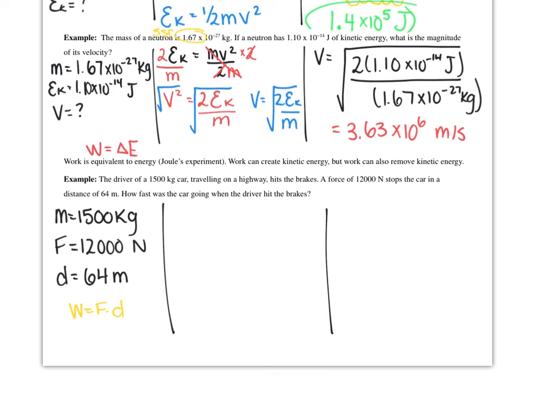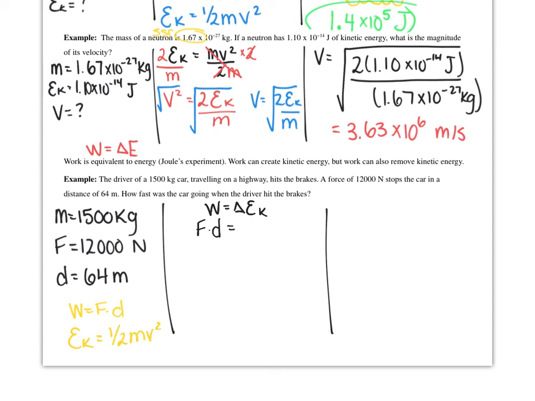Work is equal to energy. And specifically in this case, it was equal to the change in kinetic energy. We know that work was equal to force times distance, so I'm going to sub that formula in for work. So force times distance is equal to, well, I also know that kinetic energy is equal to 1/2 mv squared.